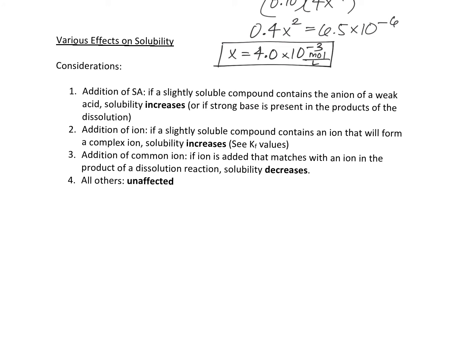Okay, there are 3 major considerations when looking at the effects on solubility for a partially soluble ionic compound. So we're basically asking what's going to happen if we have a solid and it is dissolving into, let's just say, cation and anion.